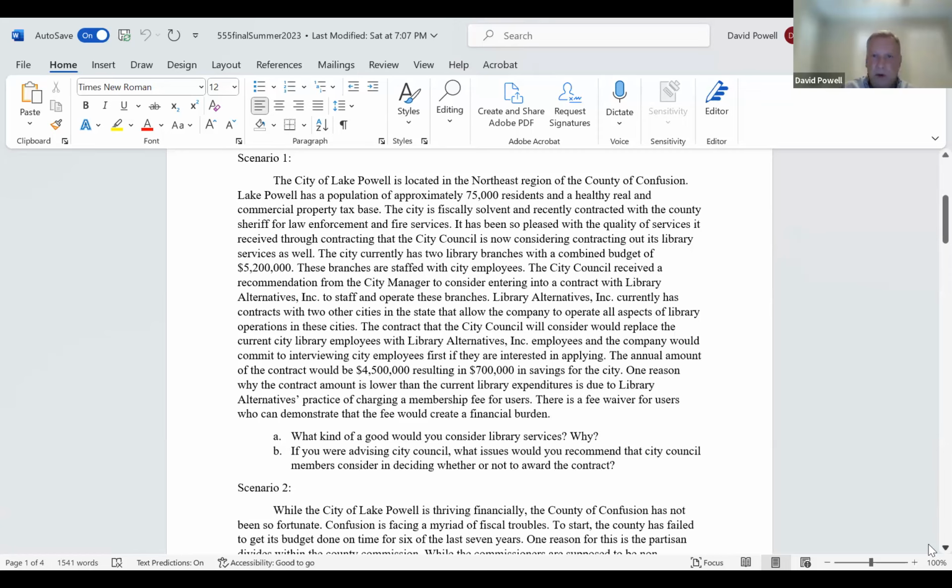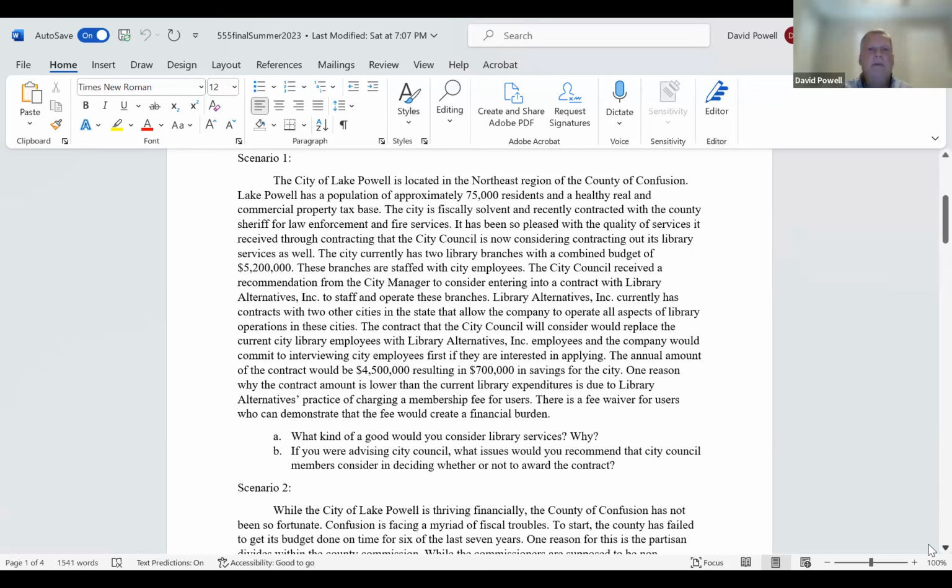You know, it's oftentimes the reason why we contract out is to do it more efficiently and hopefully at a lower cost. One reason why the contract amount is lower than the current library expenditures is due to Library Alternatives' practice of charging a membership fee for users. There will be a fee waiver for users who can demonstrate that the fee would create a financial burden.